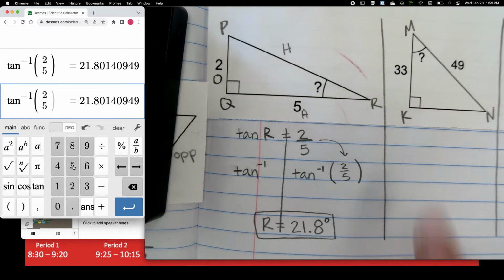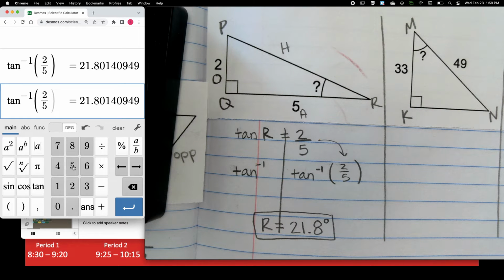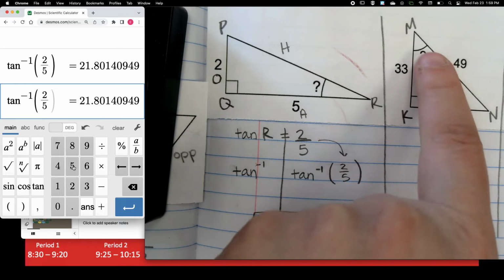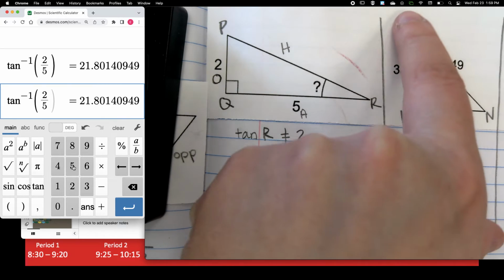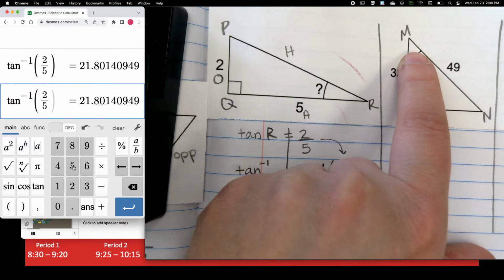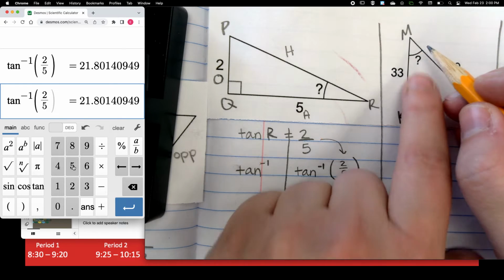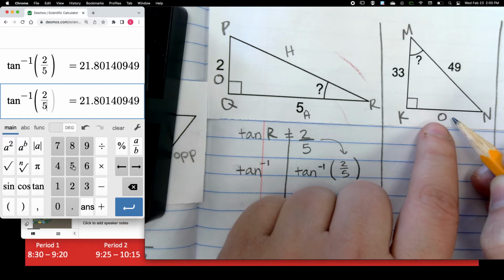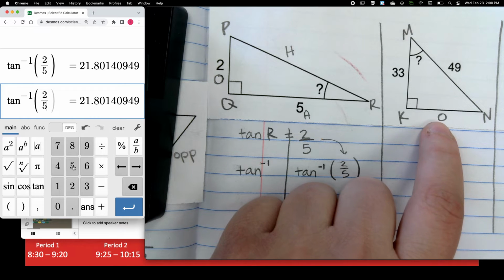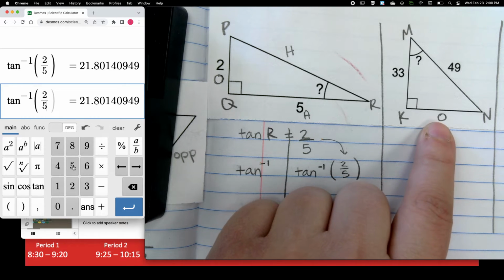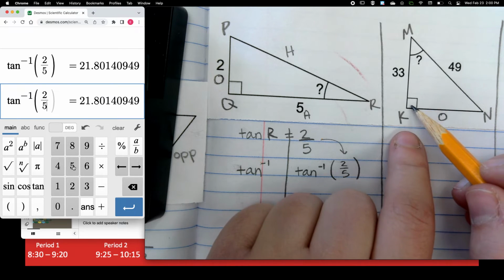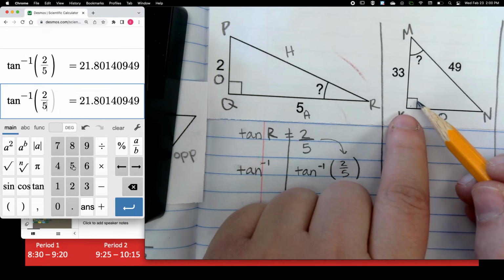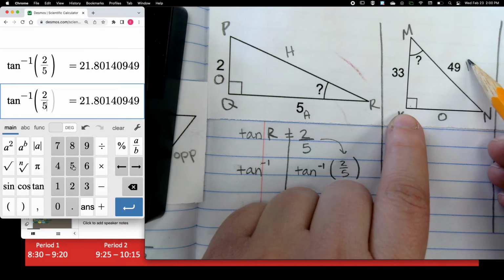But this time, what's our reference angle? M. So we're going to do things according to this angle. From my M, I like to always do my opposite first. Opposite is across. So here's my opposite. You can do an O or an OPP for opposite. My hypotenuse is across from the 90. So I'm going to start at my 90, go across, get my 49.